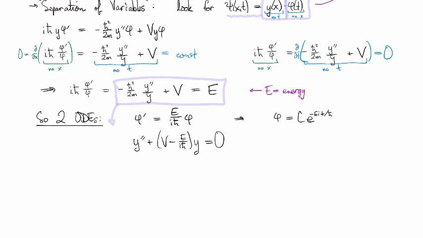Okay, and so this one is called the time-independent Schrodinger equation.